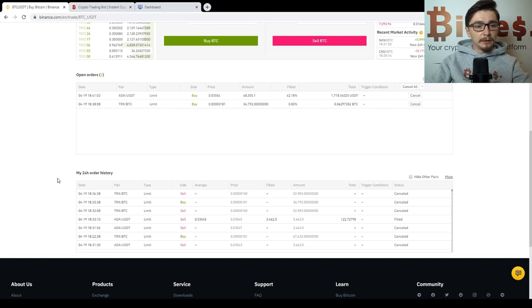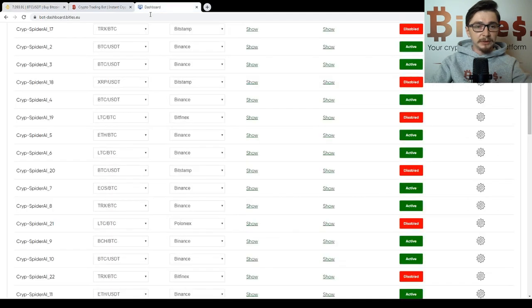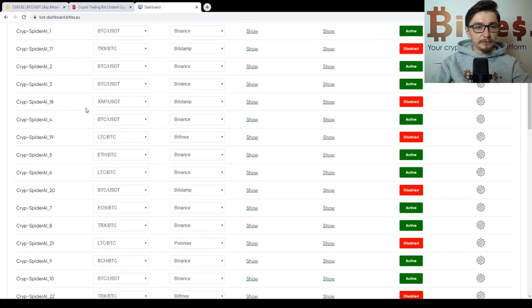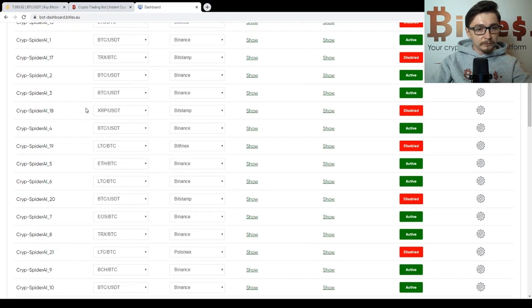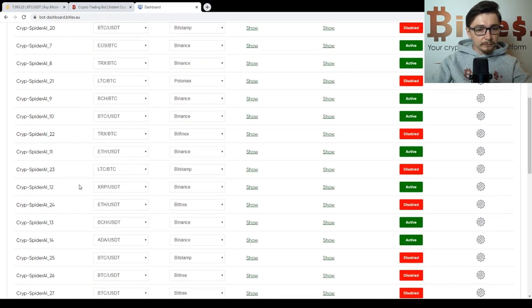Okay, now let's go to the control panel of our bots and find the bot that operates with the ADA to USDT pair at Binance Exchange. Here it is, it's the 14th bot that operates with this pair, so let's open its history of orders and find this trade there as well.